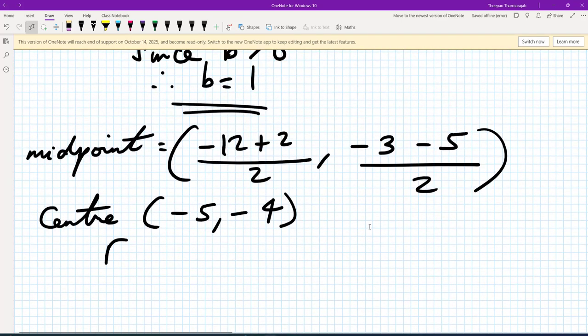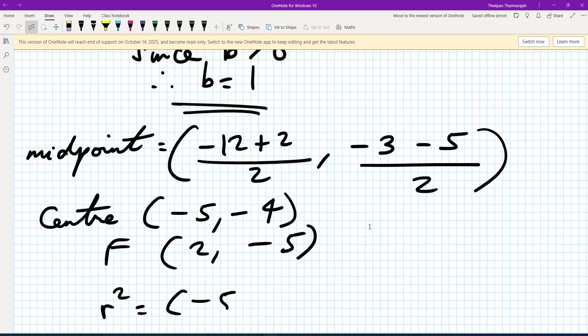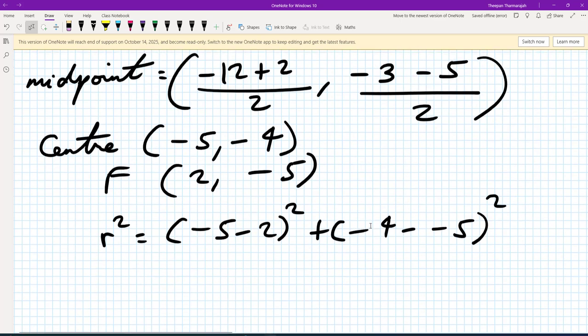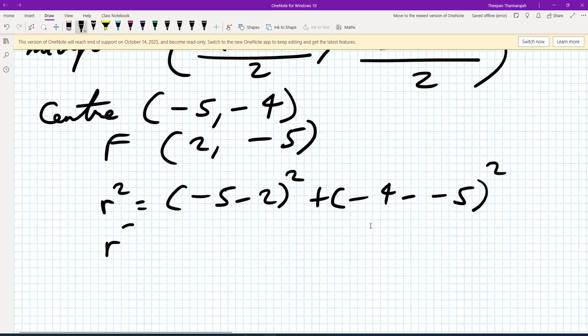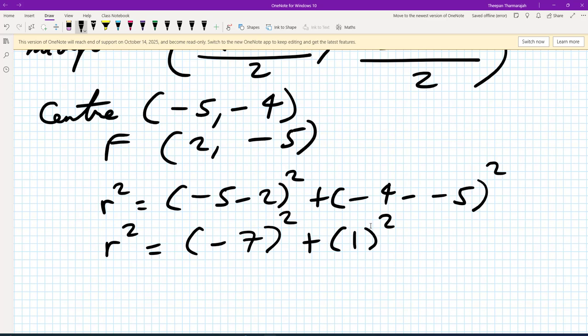So that's going to be (-5 minus 2) all squared plus (-4 minus -5) all squared. So we get r squared is equal to (-7) squared plus 1 squared. So I get 49 plus 1, so r squared is equal to 50.